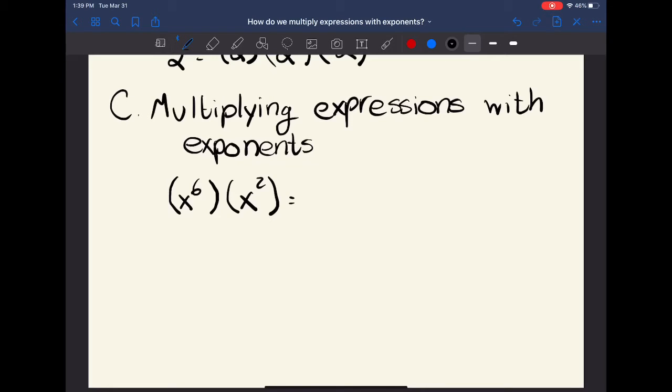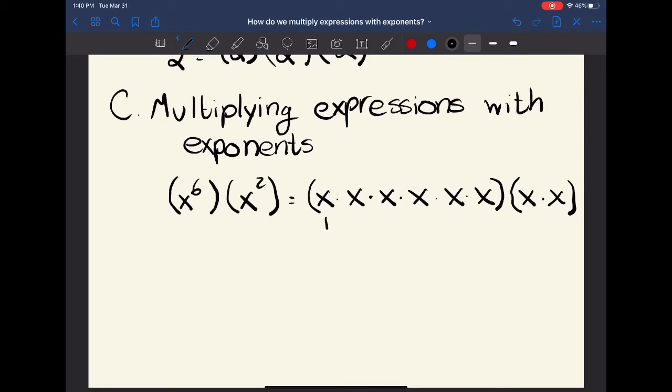Well, I know if I expand out x to the 6th, I get x times x times x, 4, 5, and 6. I need to multiply this by 2 x's, x times x. Well, now how many total x's do I have multiplied together?